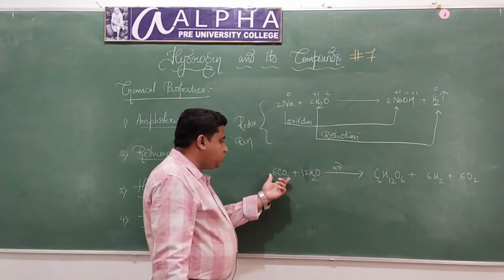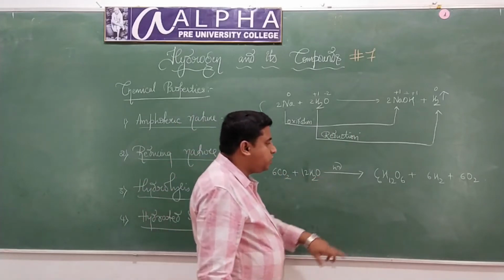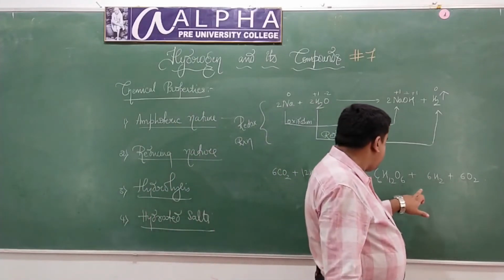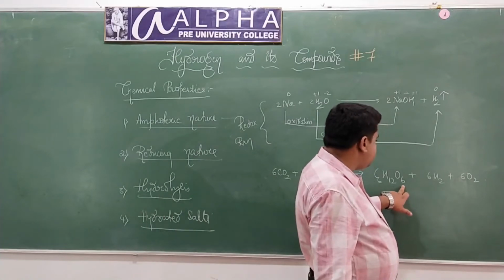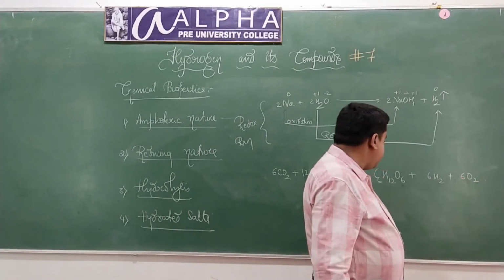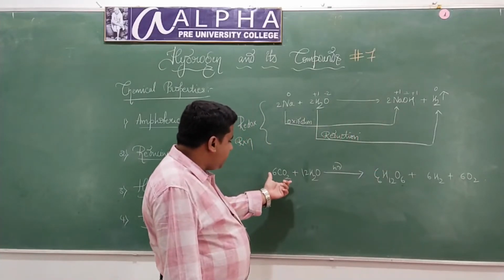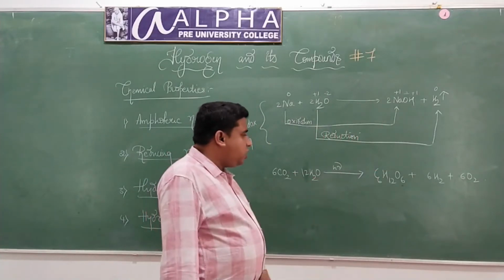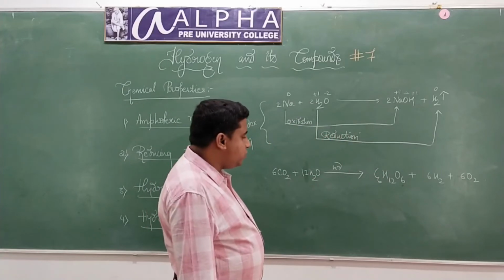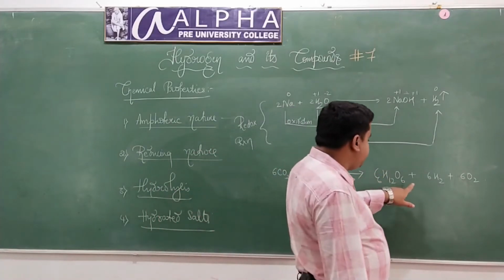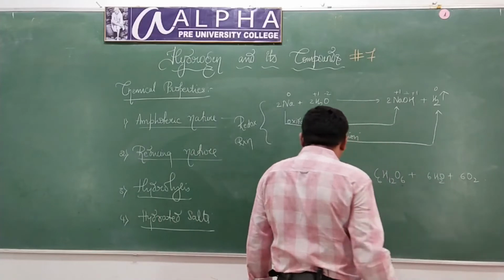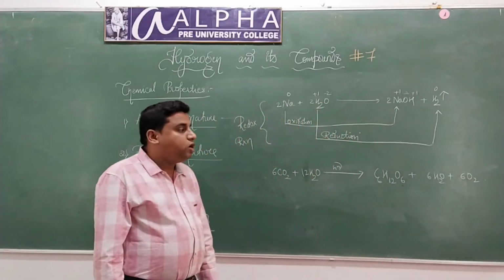Carbon: 6. Hydrogen: 24. Oxygen: 6 carbon dioxide gives 12, plus 12 is 24, and C6H12O6 has 6, so we get 6 molecules of water and 6 molecules of oxygen.